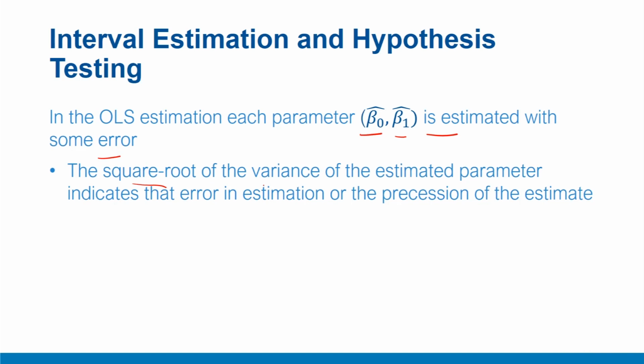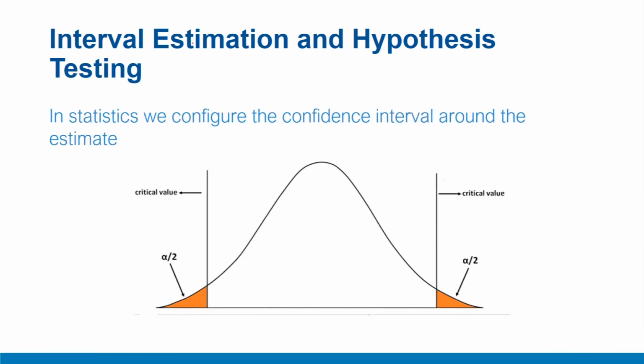The square root of the variance of this estimated parameter indicates the error in estimation, or essentially the precision of that estimate, and this is the standard error of the estimate. Let us examine how this standard error plays a very important role in hypothesis testing and confidence interval estimation around this coefficient.